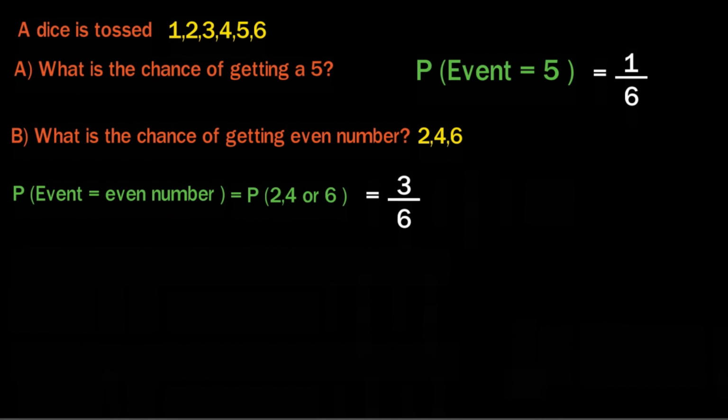So we have 1 over 2, which is a 50% chance that it will happen.